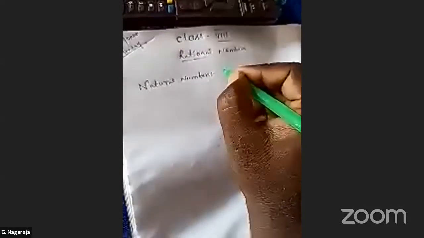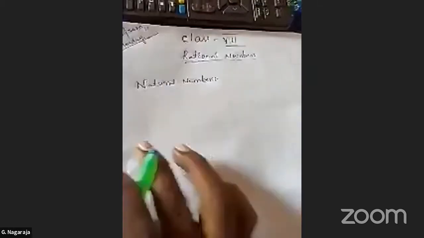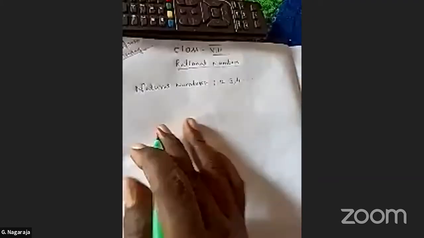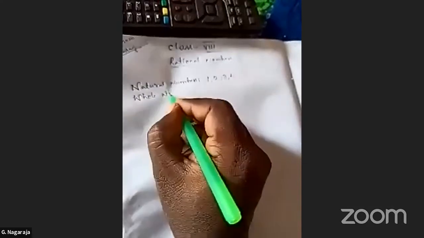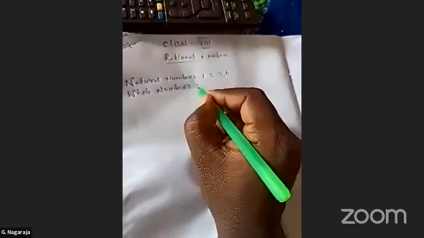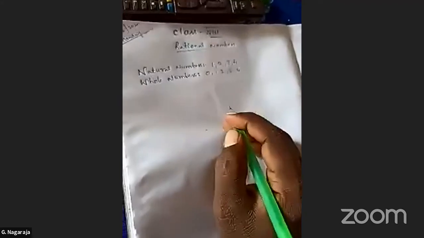Natural numbers are used only for counting. The natural numbers begin with 1, 2, 3, 4, and so on. Next, whole numbers. Whole numbers begin with 0, 1, 2, 3, 4, and so on.